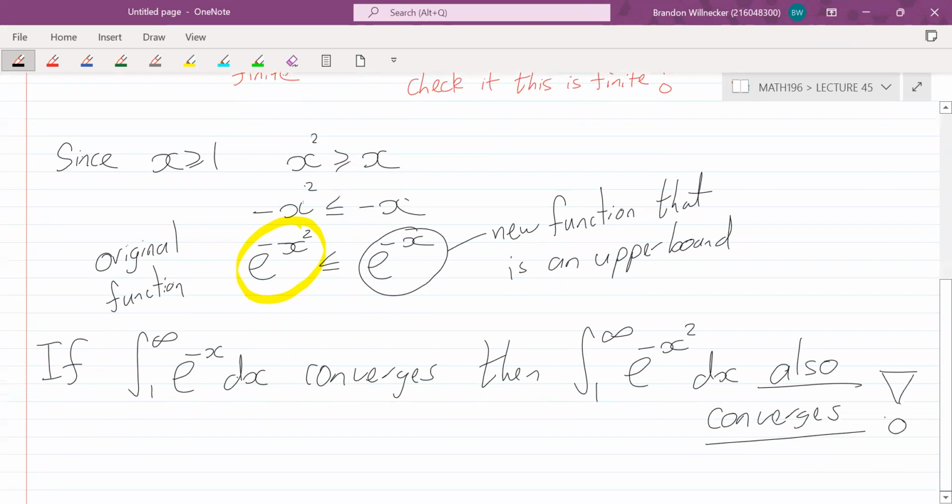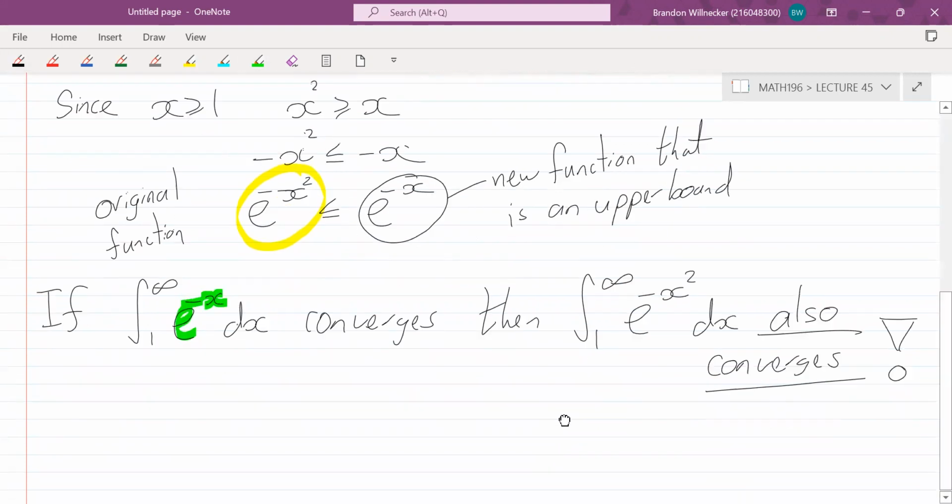Yeah, and that's the key idea. We've replaced this more complicated integral, e to the minus x squared, with a much simpler integral, e to the minus x. And that's easy to show convergence.